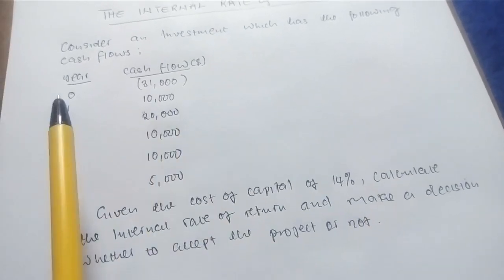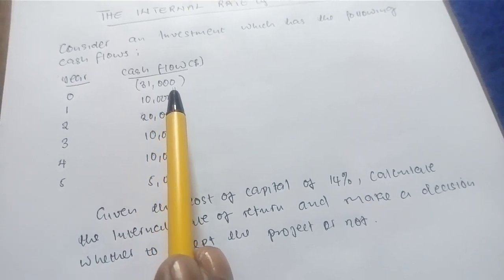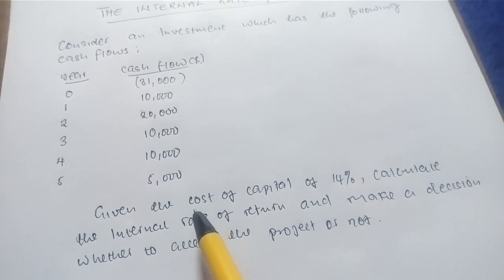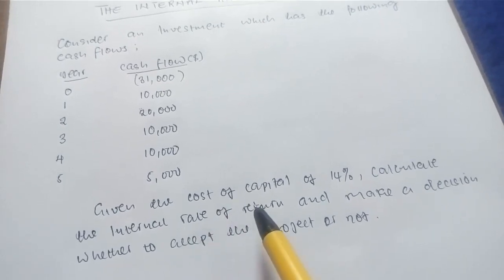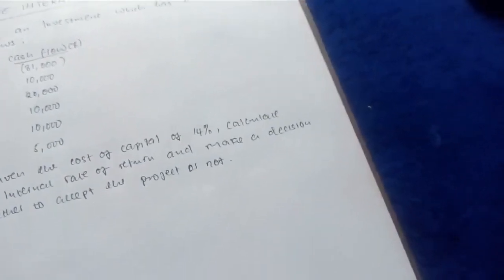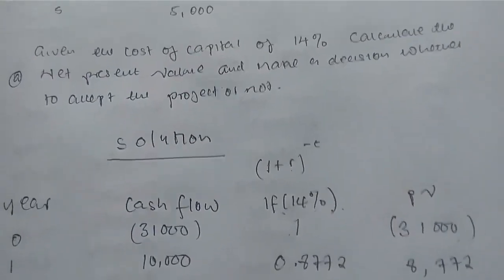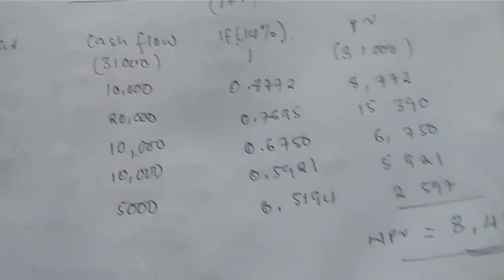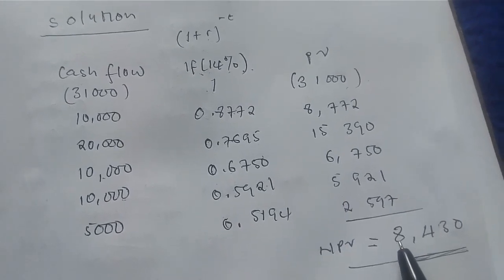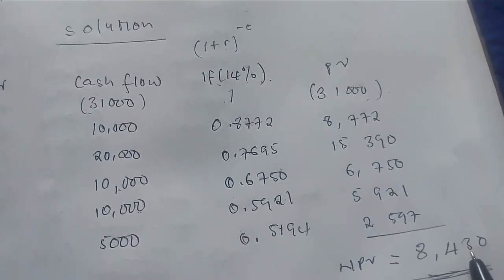I've decided to use the same question that I used in the calculations of the net present value video, so that we follow closely the relationship which exists there. In the previous video of the NPV, when we carried out the calculations, we had found that the net present value was a positive $8,430.